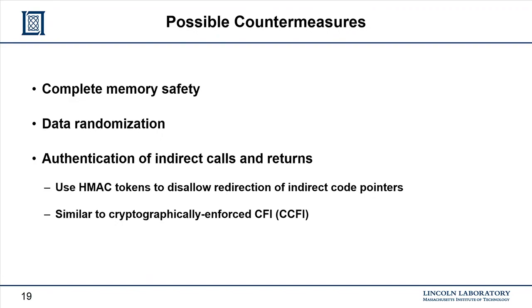And last but not least, if we can implement some sort of authentication on indirect call sites so that we have tokens there and check the token to ensure that we go to the proper indirect call site, this would also prevent this attack that I just presented. This technique would be very similar to the cryptographically enforced control flow integrity technique, CCFI, that was published at CCS last year.